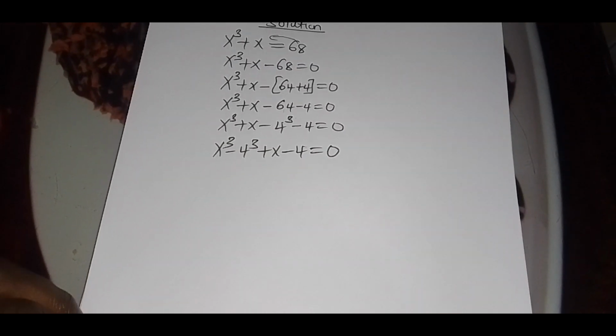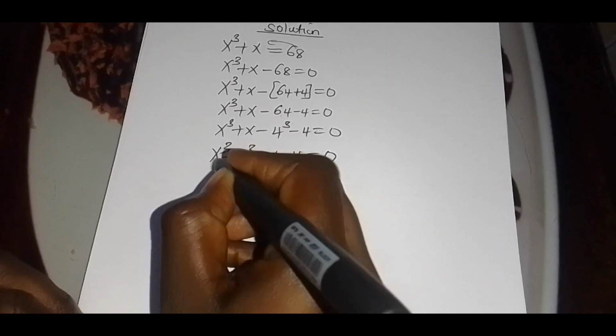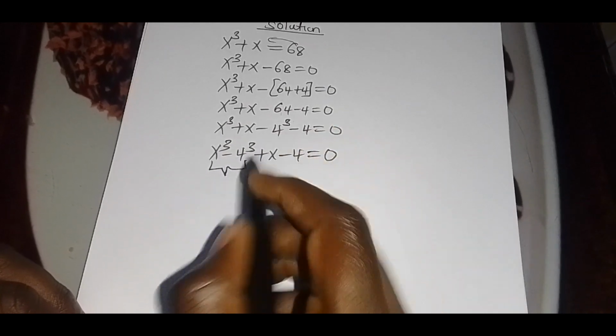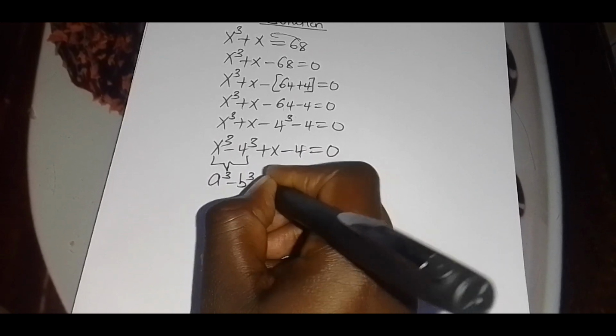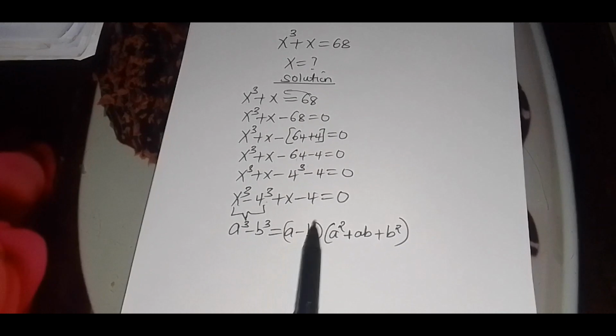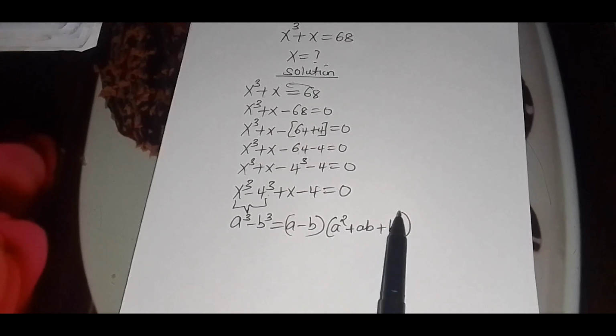You can see clearly that the first part is the difference of cubes, expressed as a cubed minus b cubed, which is equal to a minus b times a squared plus ab plus b squared.